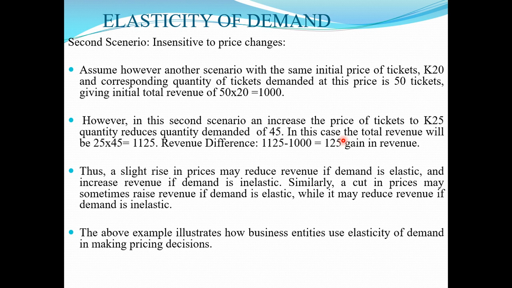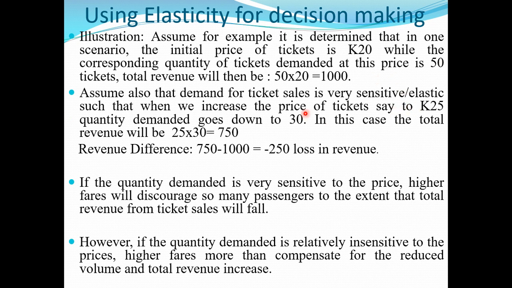If you know that in this particular market demand is inelastic, it's okay, you can play around with the price. Because check, here in the first scenario, after increasing the price, quantity demanded reduced from 50 to 30. So the reduction was just too much. Why? Because demand is elastic.